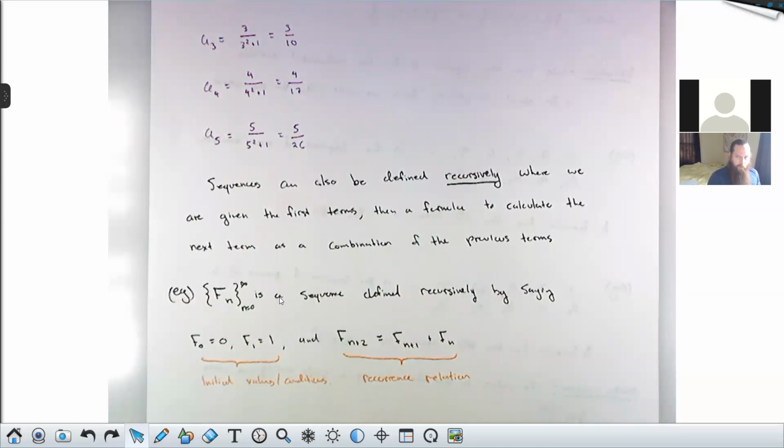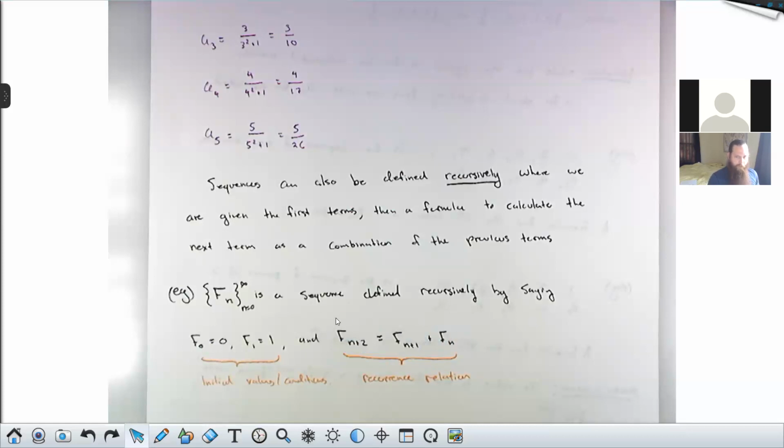What this recurrence relation says is that if you want to get the next term, you add up the term right before it and the term right before that. So to get F_5, you'd be plugging in n equals 3. You take F_4 plus F_3.